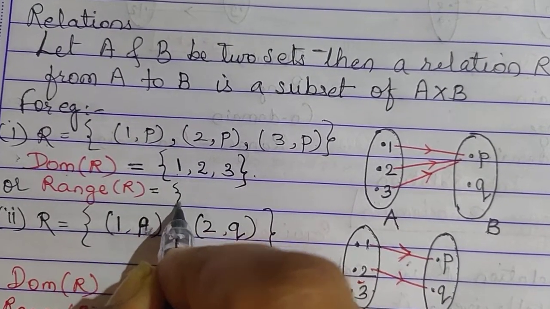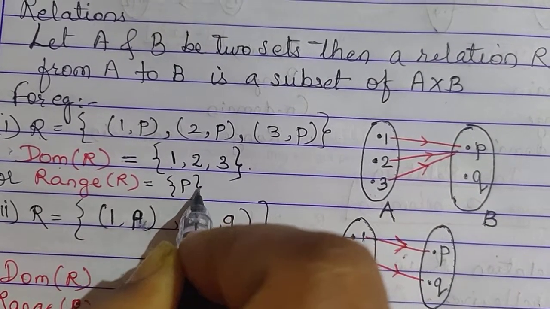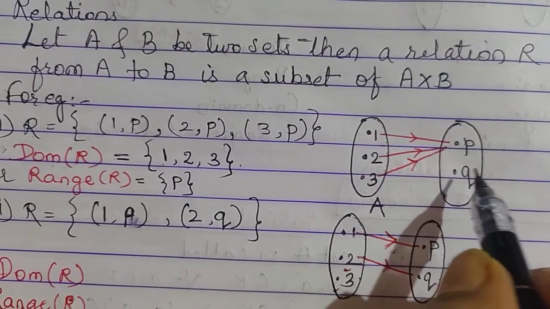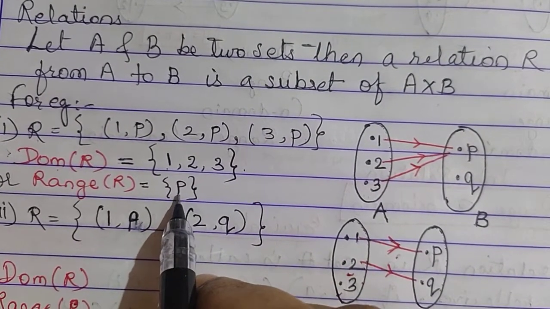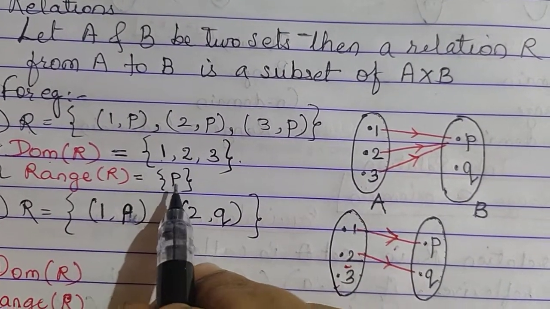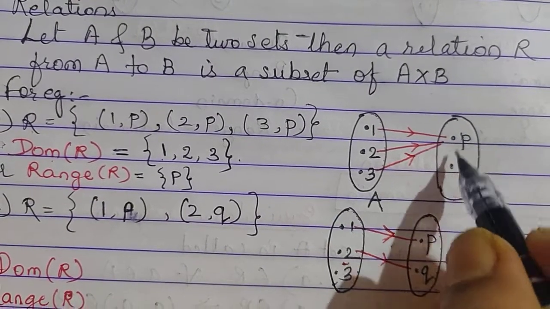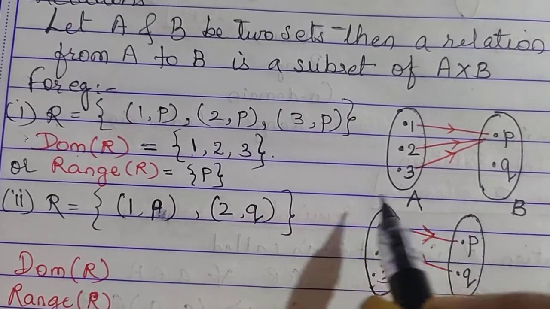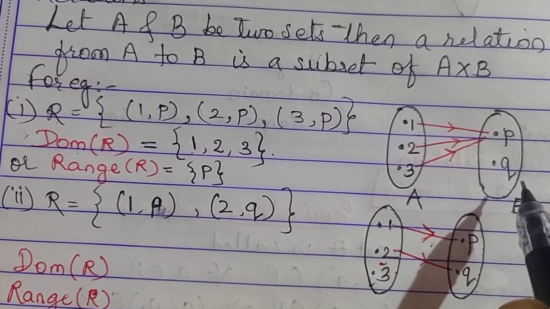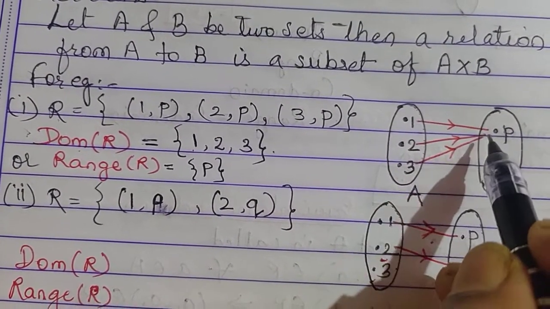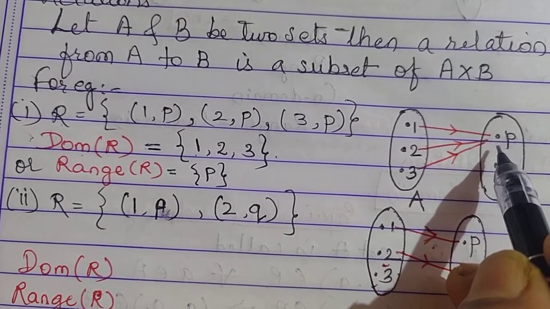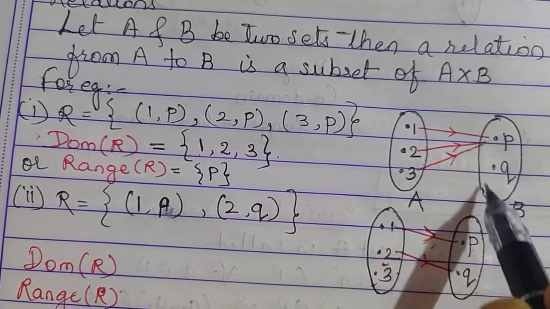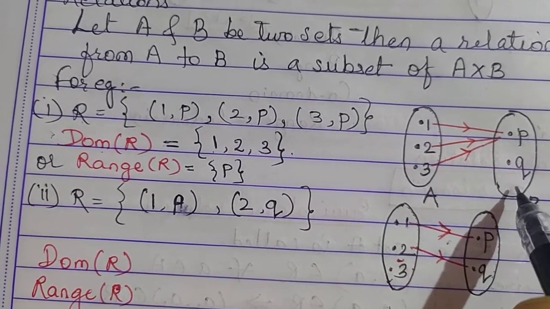So here the range will be the set with the element P only. This is the range. And set B, all the elements of the set B, is called the codomain. Okay. So there is a difference between the range and codomain. In the range we will write only those elements which are related. And in the codomain we have to write all the elements of the set B.